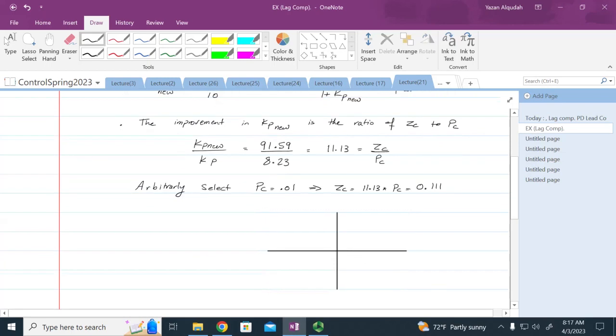Anybody understood the example? Okay. So therefore, we're going to have our PC at negative 0.01, and our ZC at negative 0.11, and we're going to have our operating point almost at the same location it used to be.